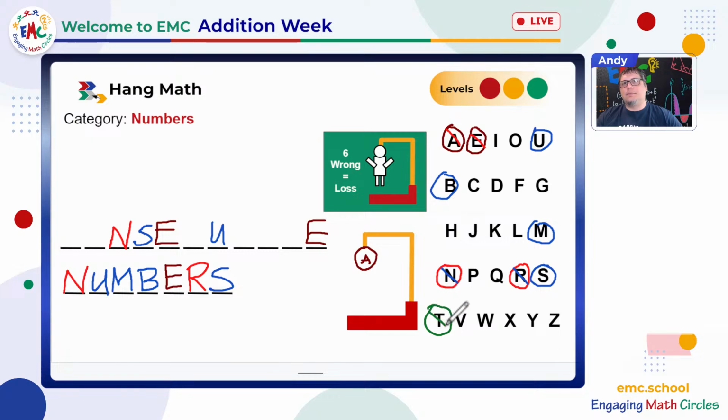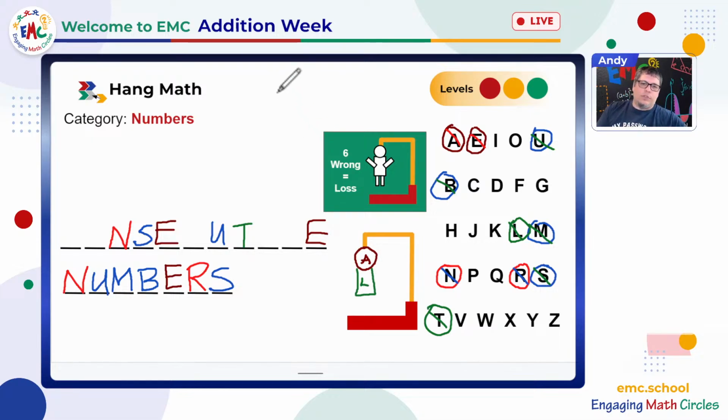Round 4, rather. There is a T. An L. No L. We'll put an L in the body.